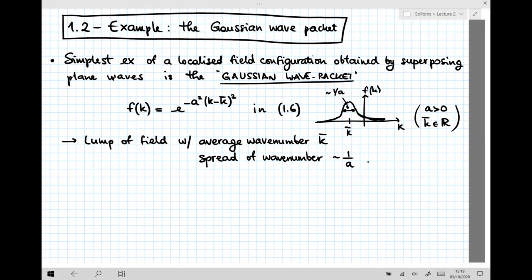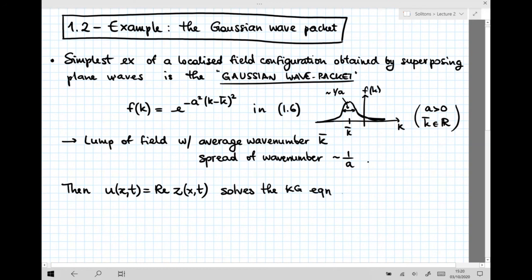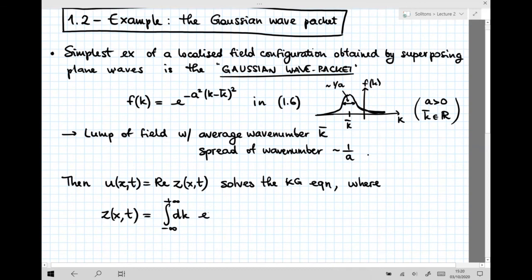Okay, so then from what we saw earlier, we know that u of x and t, which is given by the real part of a complex field z of x and t, solves the Klein-Gordon equation, where z of x and t is a complex solution, which is given by the integral over wave numbers k of the function f of k, which is now exponential of minus a squared times k minus k bar squared, times the plane wave e to the i times kx minus omega of k times t.